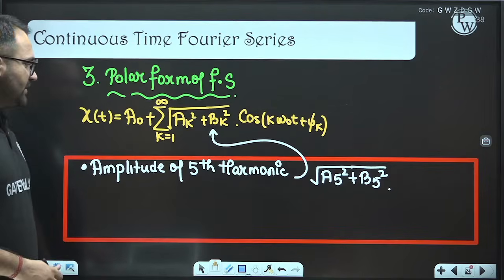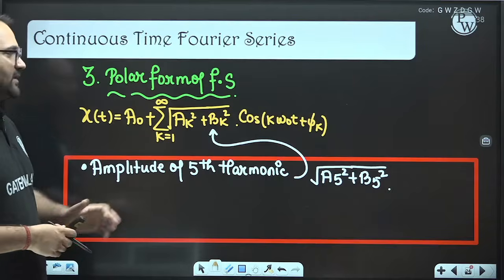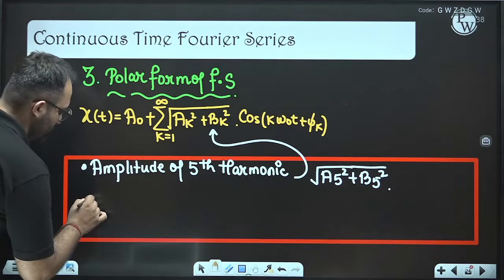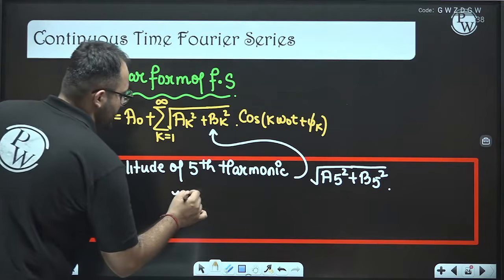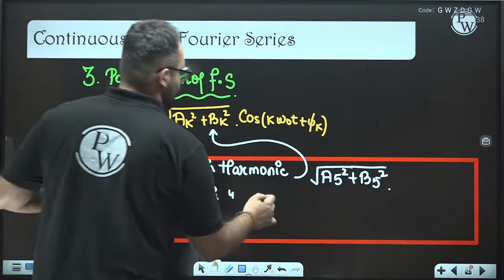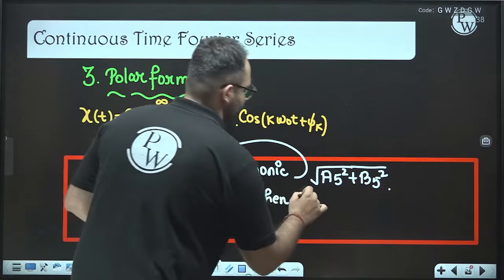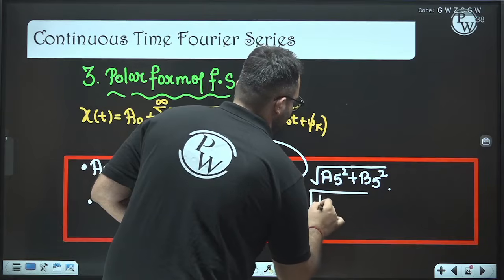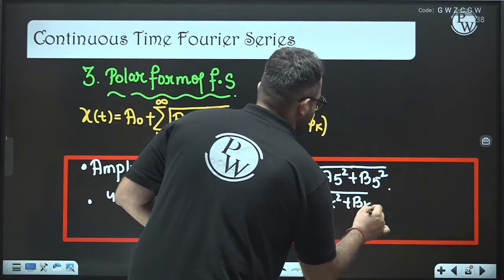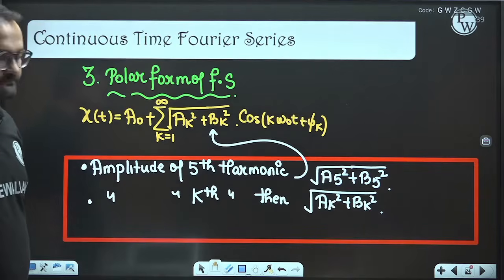Similarly, if we have to find out the amplitude of the kth harmonic, then we have to find out this term: the answer is under root of ak square plus bk square.